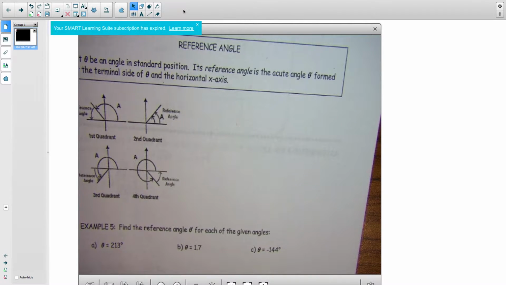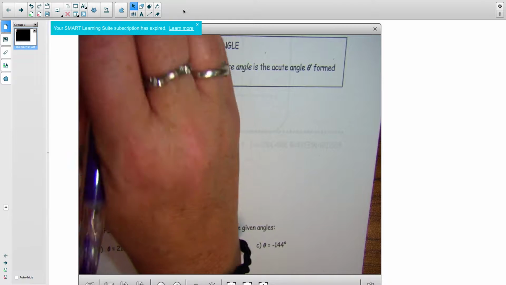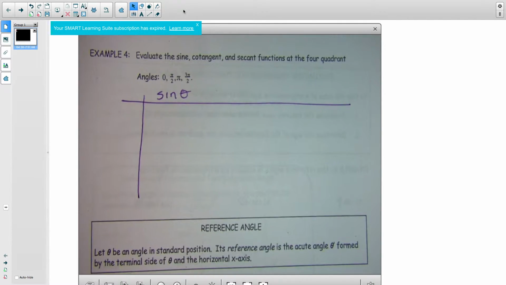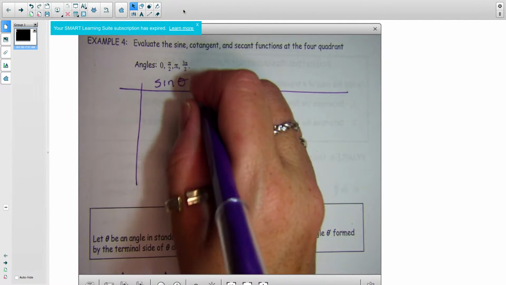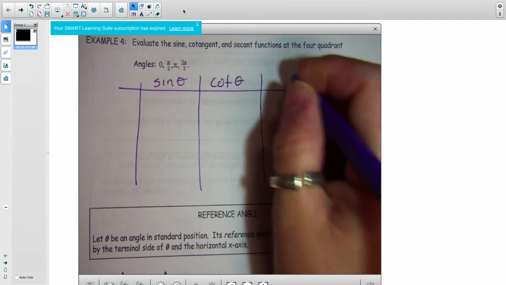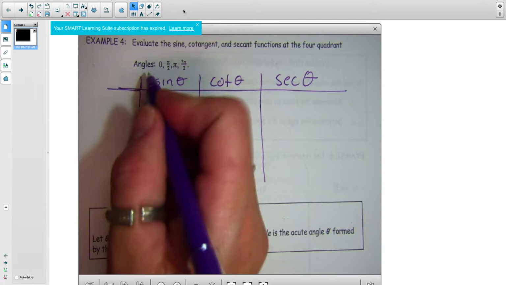Okay, evaluate each of these angles. So I did a chart here. Evaluate sine, cotangent, and secant at the 4 quadrants.